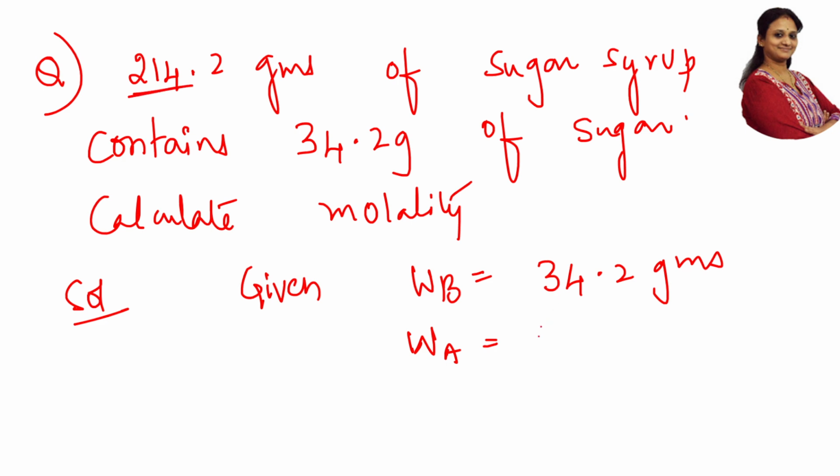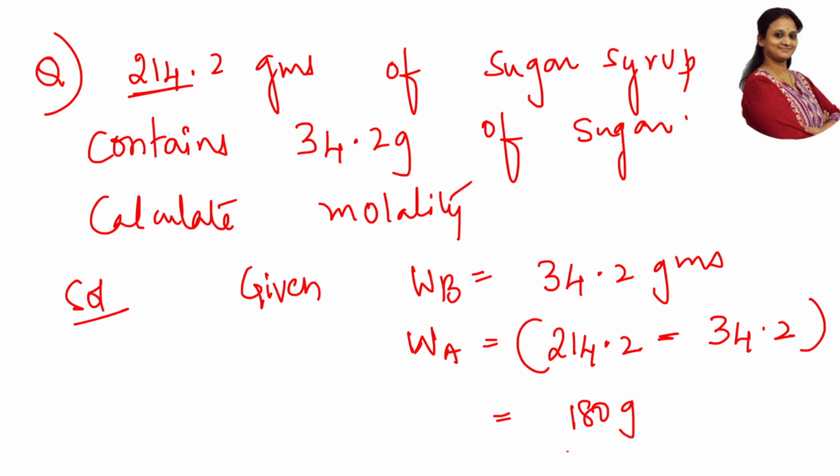So you subtract the sugar, 34.2, from the total, and you will automatically get 180 grams. So 180 grams is the mass of water, the solvent. But this is in grams, so I have to convert this into kg by dividing by 1000. So 180 divided by 1000. I'll leave this here.